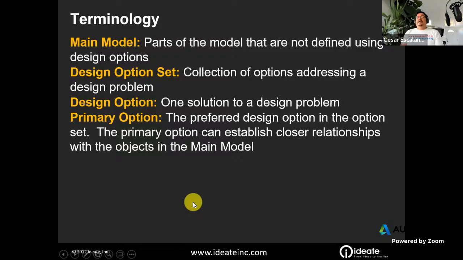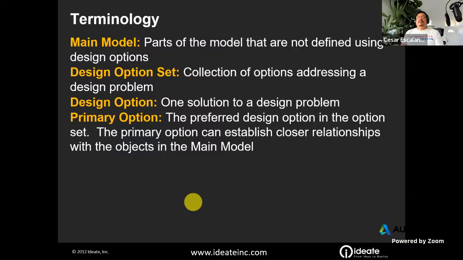So within the design options, you have the primary option. And I would say that the primary option is the preferred design option in an option set. It's usually the option that you like the most.